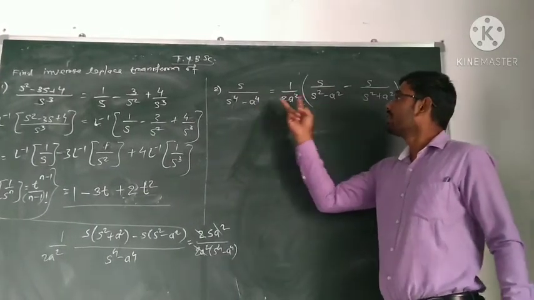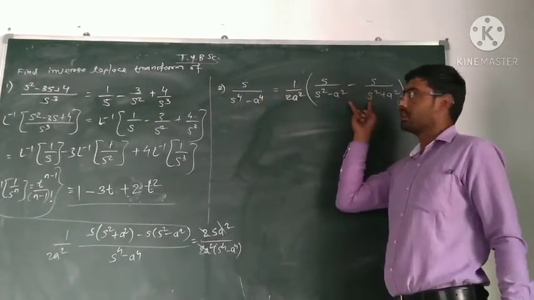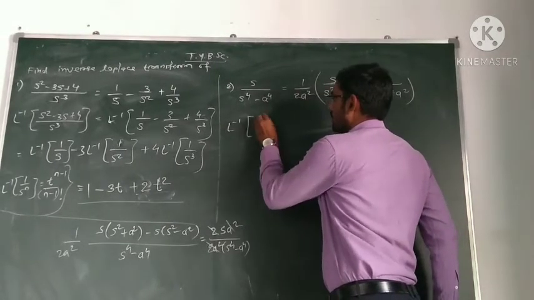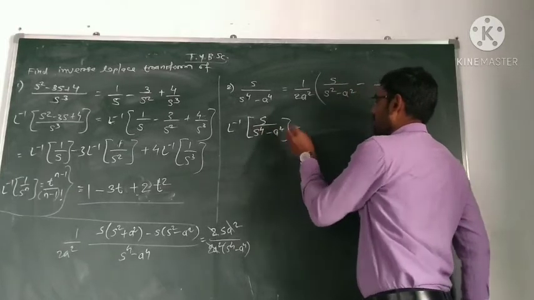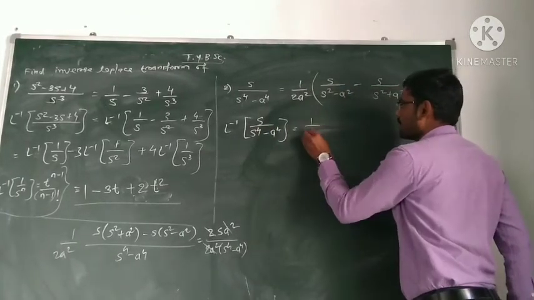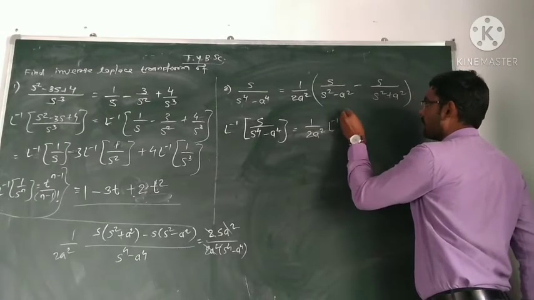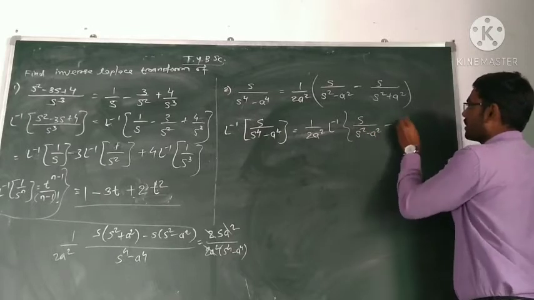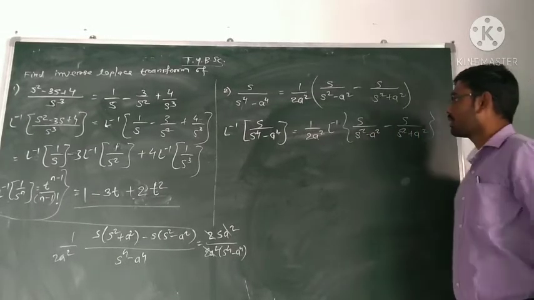Now the inverse Laplace transform of this function. So inverse Laplace transform of s upon s raised to power 4 minus a raised to power 4 is equal to 1 upon twice a square, which is constant, into the inverse Laplace transform of s upon s square minus a square minus s upon s square plus a square.